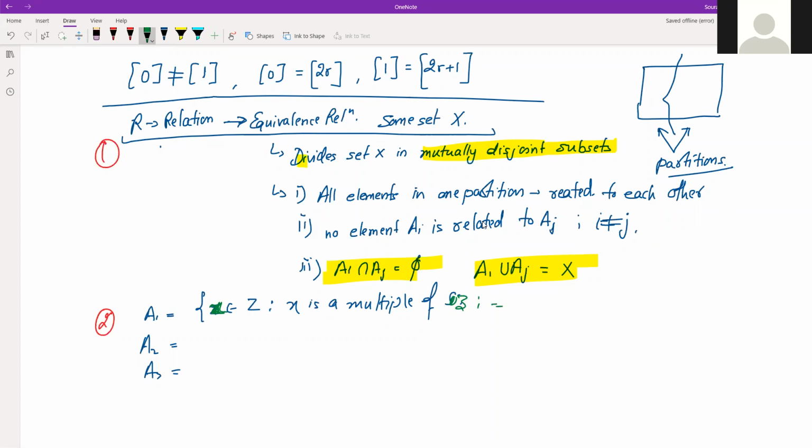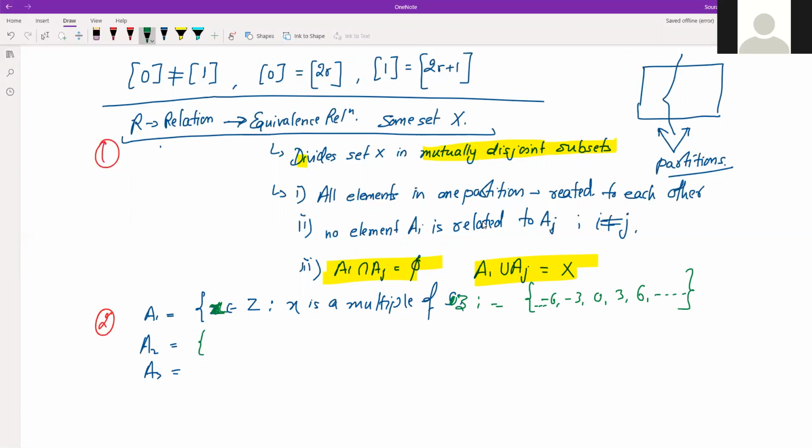What does it mean? It means that A1 is equal to -6, -3, 0, 3, 6. So that is A1.